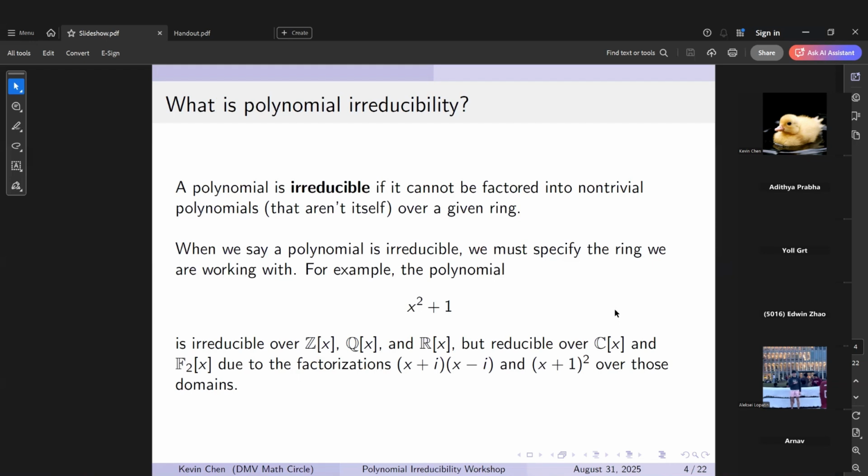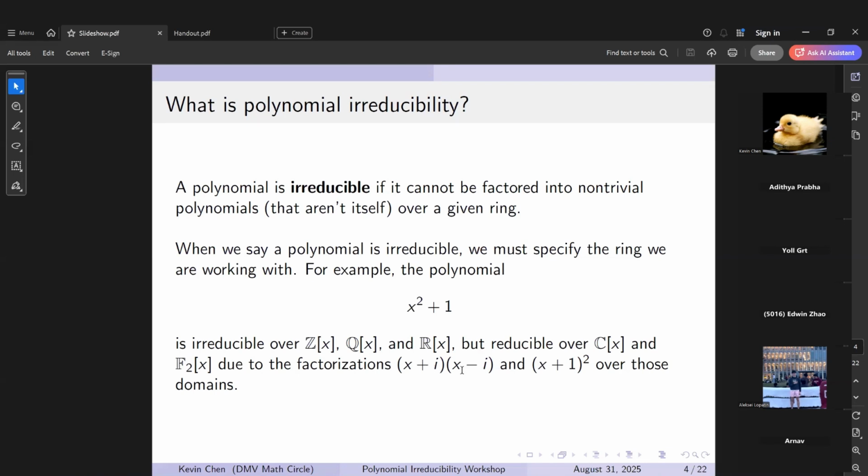When we say that a polynomial is irreducible, we have to specify the ring we're working with. For example, the polynomial x squared plus 1 is irreducible over the polynomial rings in Q and R because its roots are complex. But that means this polynomial is reducible over C[x] because it can be factored as x plus i and x minus i.